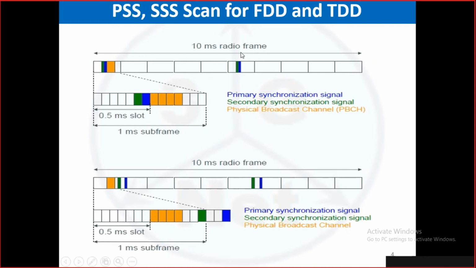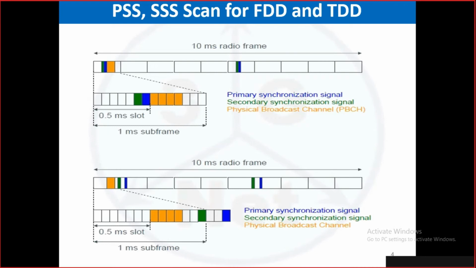Where is the starting? We start scanning the frequency. These PSS, SSS signals are very unique. 3GPP has designed LTE so that this signal can never be transmitted or received in GSM, never in 3G, never in 5G, never in 1G, never in Wi-Fi, never in WiMAX.